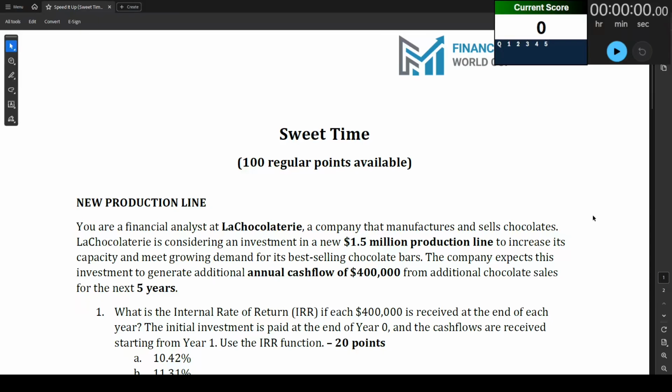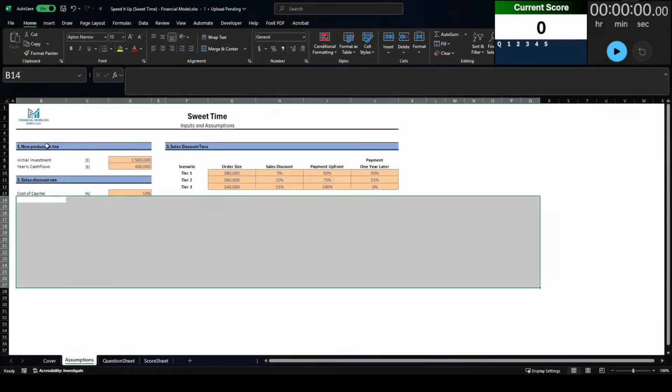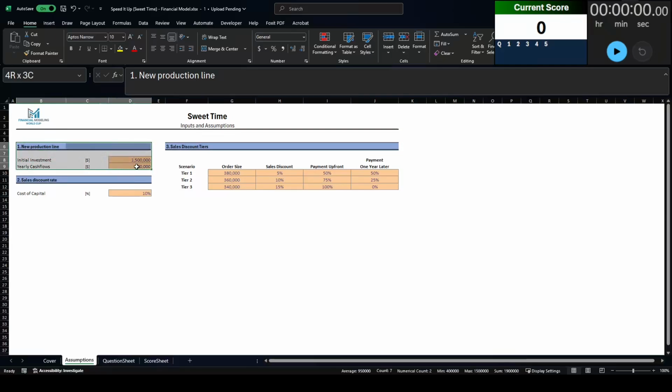La Chocolaterie is considering an investment in a new $1.5 million production line to increase its capacity and meet growing demand for its best-selling chocolate bars. The company expects this investment to generate an additional annual cash flow of $400,000 from additional chocolate sales for the next 5 years. And so in this case, we have information on the new production line, information on the sales discount rate, and sales discount tiers.